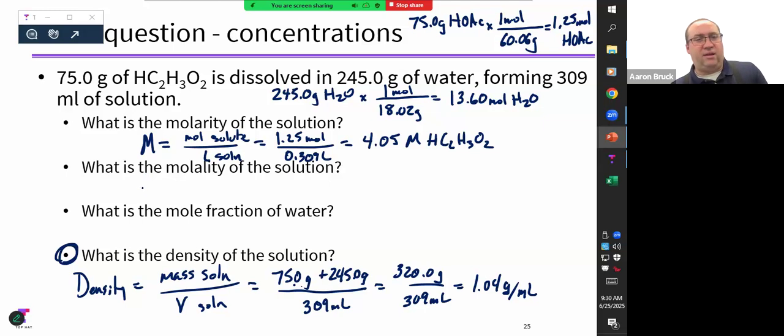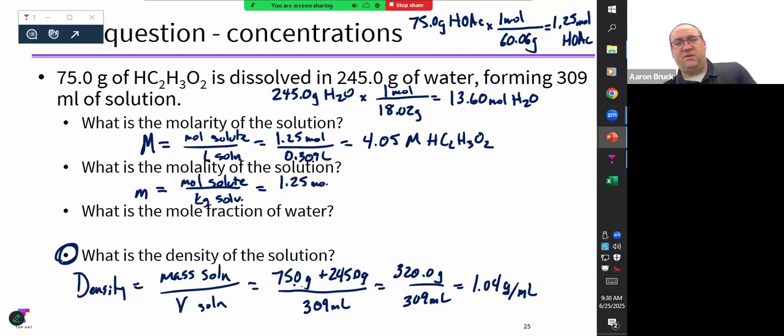All right, for molality. Molality is lowercase m. It's moles of solute over kilograms of solvent. This part's the same, 1.25 moles. Kilograms of solvent, 245 grams divided by 1,000 would be 0.2450 kilograms.